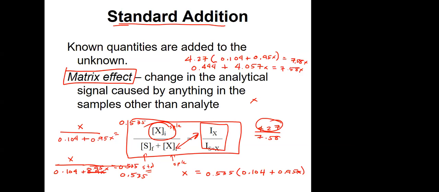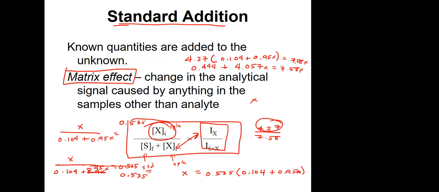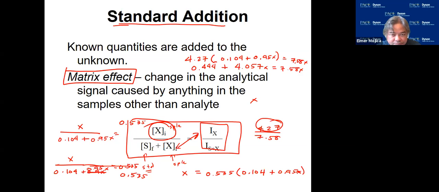I got 0.126. Okay. How about the others? What did you get?